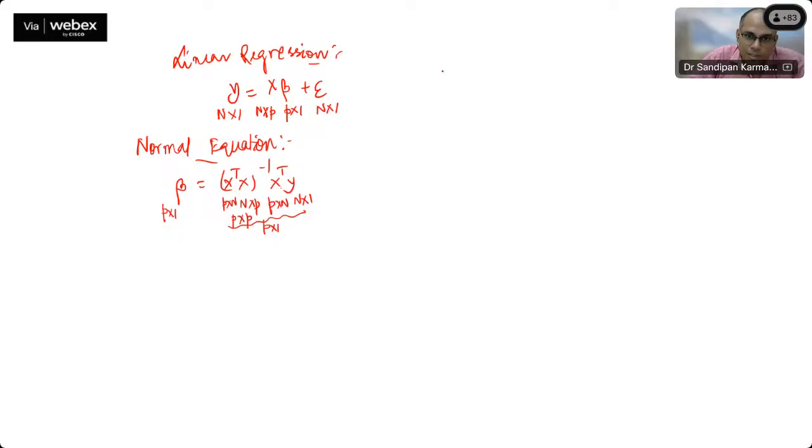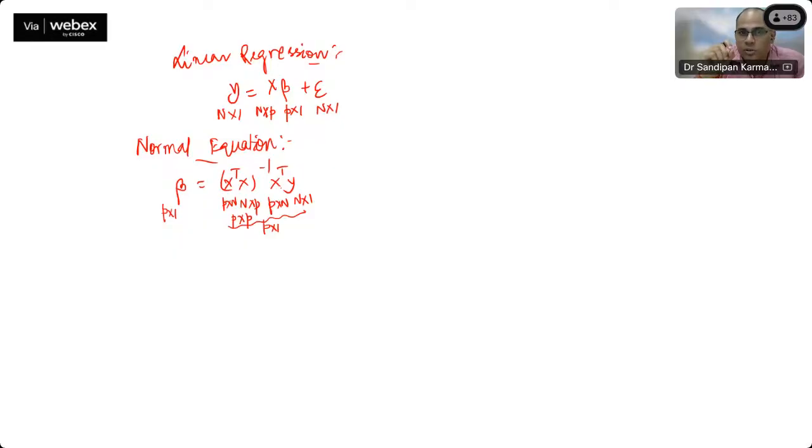Now, by this we can find beta. Very good. But is it always applicable? It's not always applicable. Let me give you a brief background of where this comes from. I think you might have heard of ridge regression, lasso, and all these things.